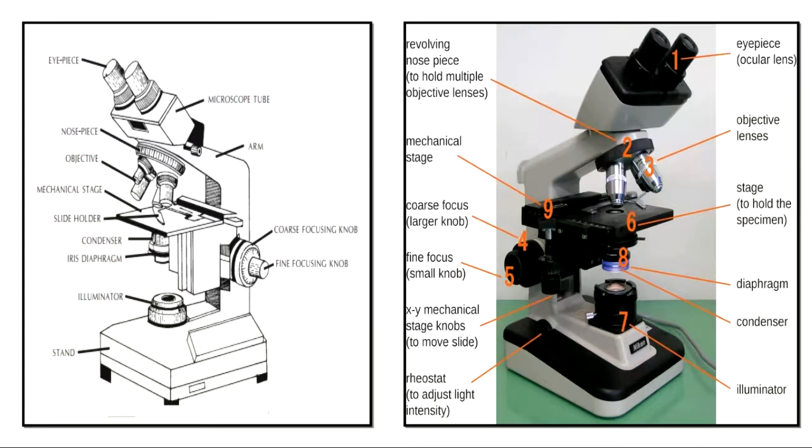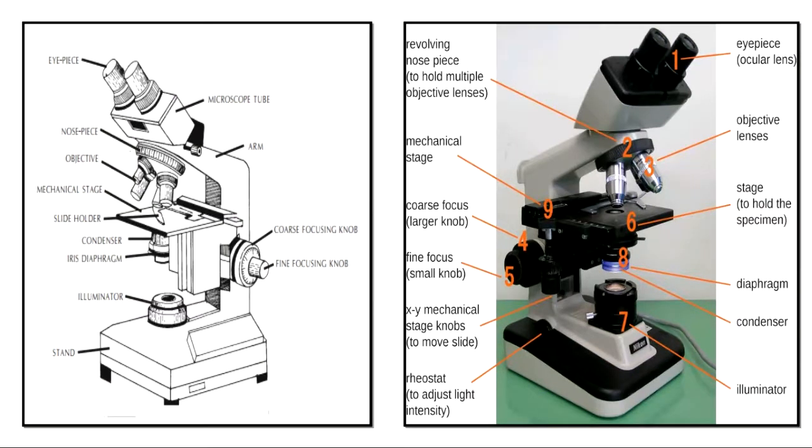7 is the illuminator. Illuminator means from there the light will come to the condenser and diaphragm, right? And from there you can see through the objective lenses. So, seventh is the illuminator. Yes, it is the source of light.